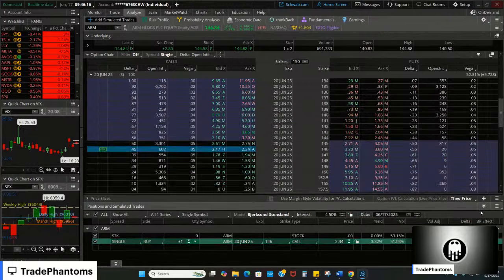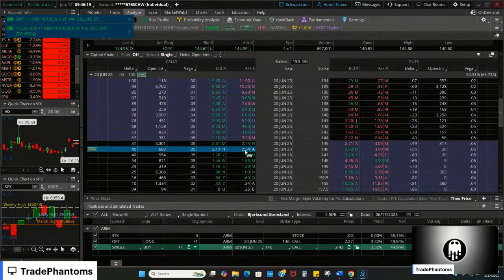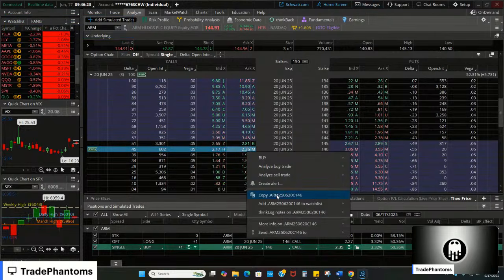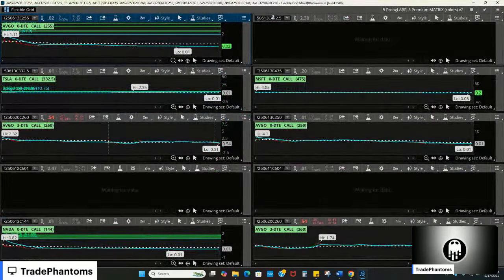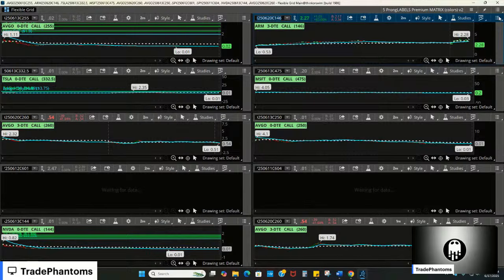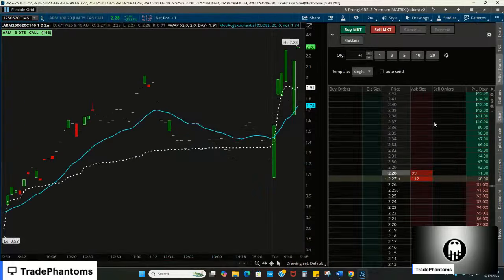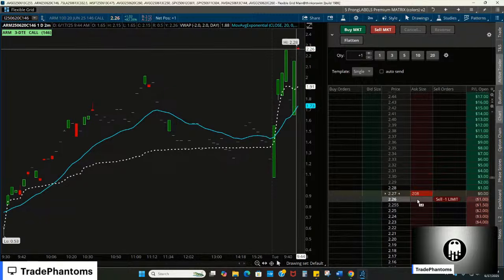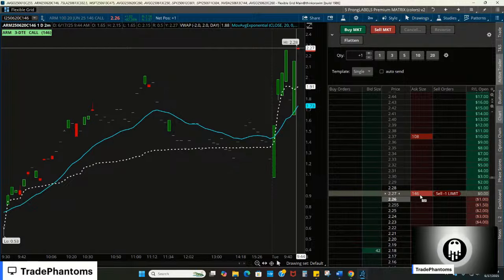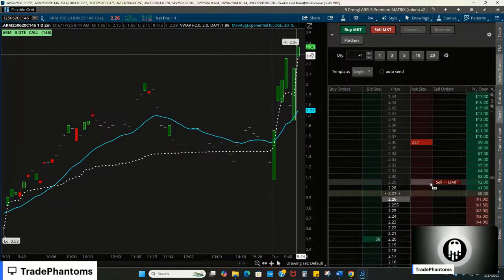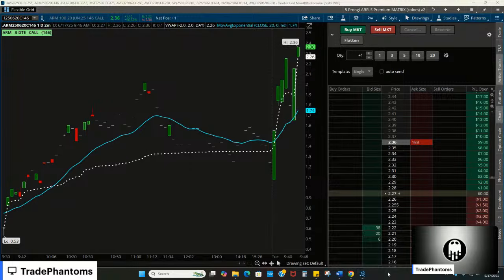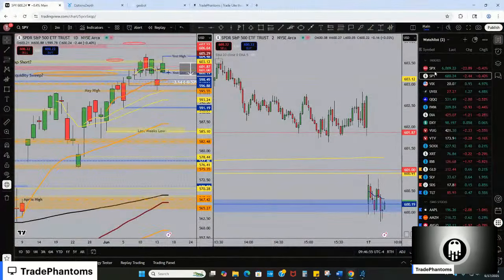ARM? This one already had a nice, decent follow through. All right, ARM. Good find, folks.